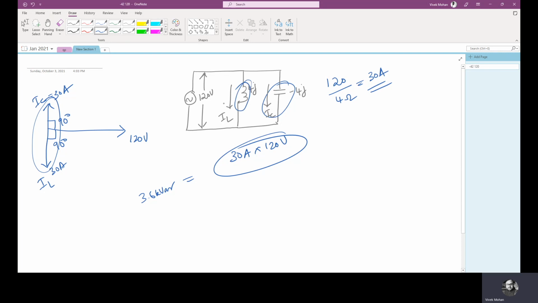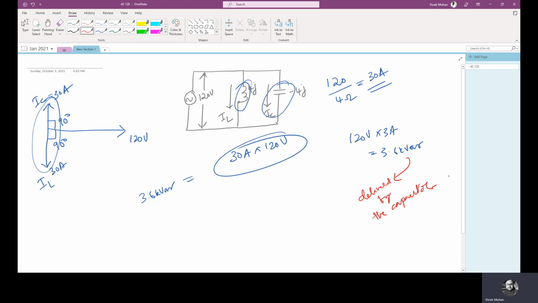The inductive reactance has a reactive power, but it is absorbing. So the reactive power delivered by the capacitor is equal to the current it carries times the voltage, which is 120 volts into 30 amps, which is equal to 3.6 kVAR. This is delivered by the capacitor.